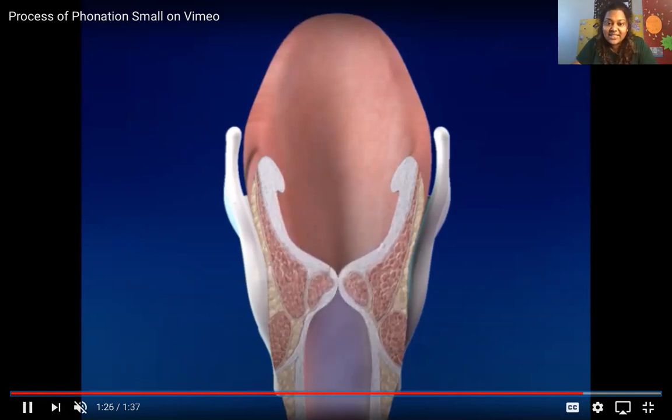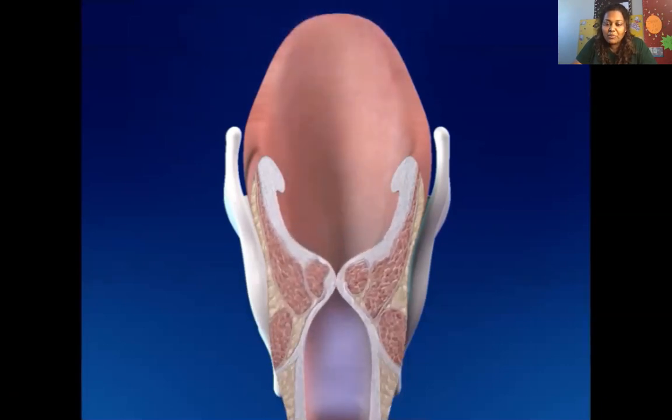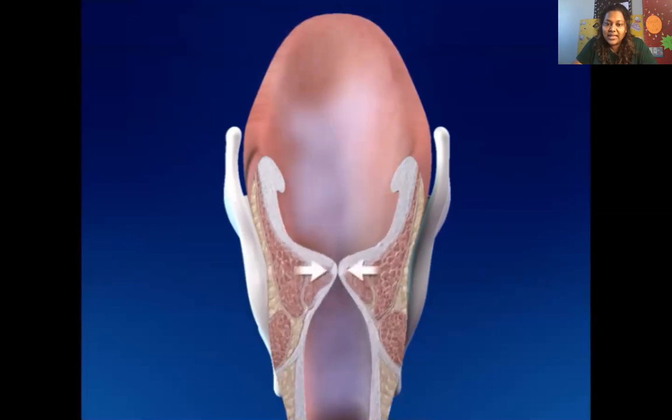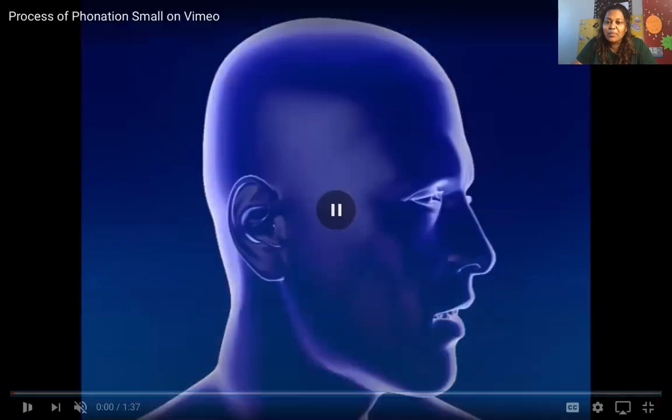All right, let's look at that again and see how beautifully the chords are moving from the bottom to the top, and again bottom to the top, and then the bottom joins and then the top. So that is exactly how your voice is produced, or what we as vocal therapists call phonation.